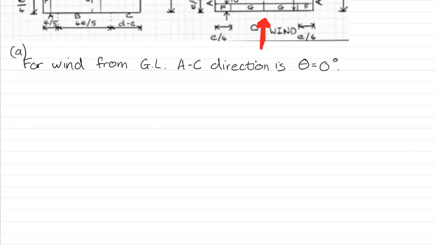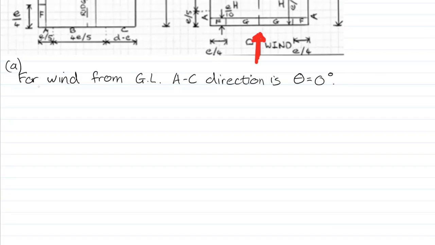So firstly, let's recap what I was saying. For wind from grid line A to C, direction is theta equals 0 degrees. And then also what we need is the dimensions that we're going to use for the different calculations. Now the important ones are B, which we find is 25.7, D equals 15.7 meters.